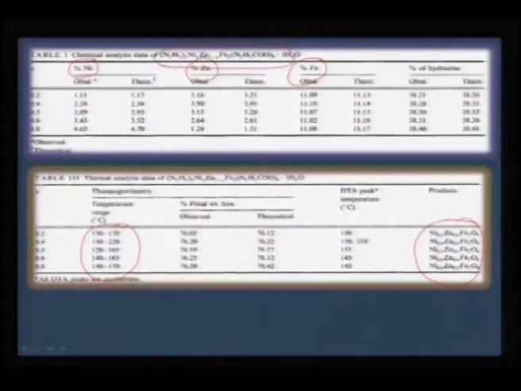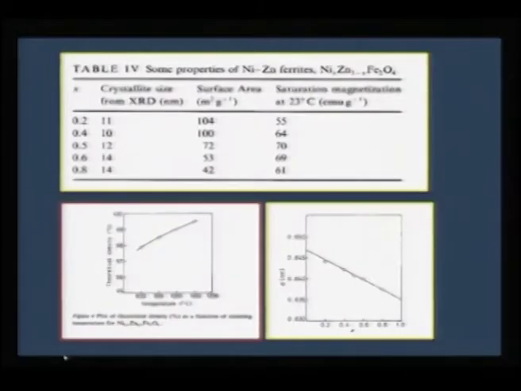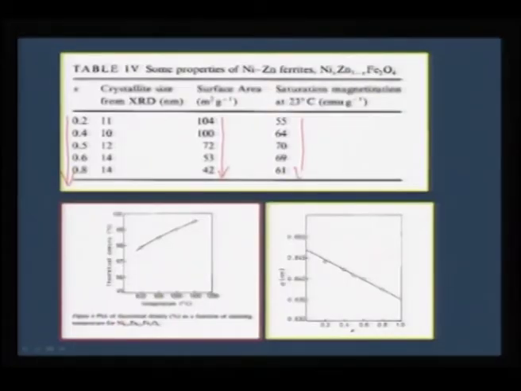Incidentally, nickel zinc ferrite is a very important compound for core applications in power electronics, and it is also used as a memory storage material. Because of its reactivity, you can see that with substitution of nickel, the surface area keeps decreasing. That means nickel is affecting the combustion, more the combustion less the surface area, and the saturation magnetization improves with nickel substitution.